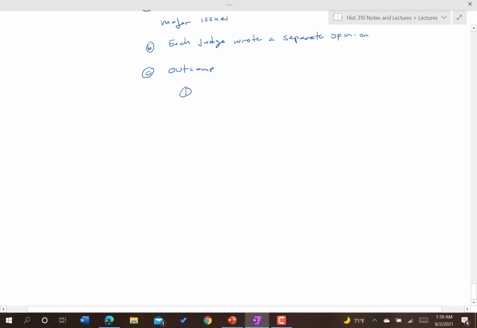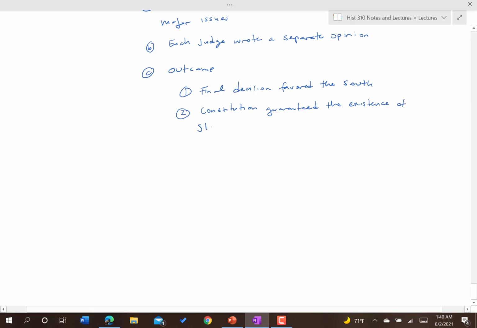We'll start with the final decision. Favored the South. All the decisions were for the South, and specifically said that the Constitution guaranteed the existence of slavery.